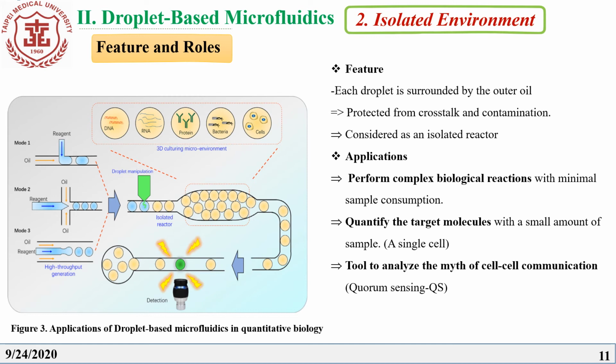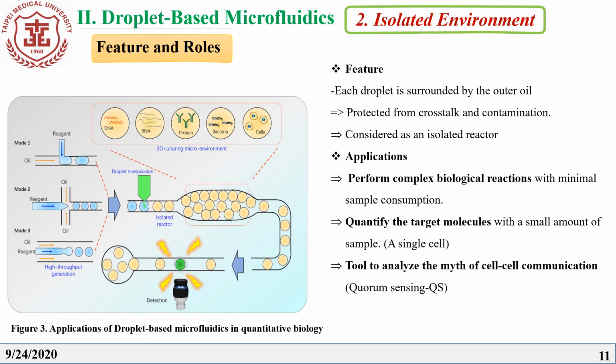Other than that, droplets can be used as many tiny dishes in which we can do cell culture, and lately we have even been able to sort droplets based on their color. Now let's move on to the second feature, an isolated environment. As I told you before, because each droplet is surrounded by the outer oil, it is protected from crosstalk and contamination.